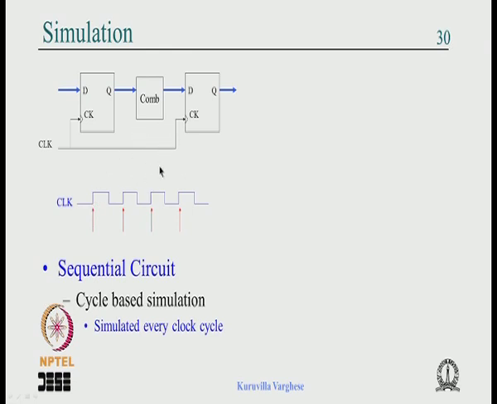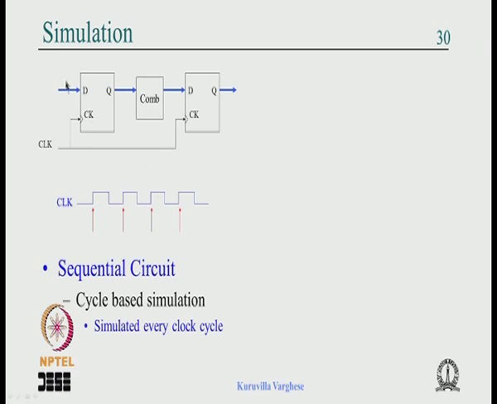Definitely you will miss a lot of things, because there could be a lot of changes happening here, and unless that is all computed, the in-between things can be lost. But this is a very quick way of simulating. You do not simulate every time the input changes; when the clock comes, just before that, whatever is the stable input, only at that time you need to compute.